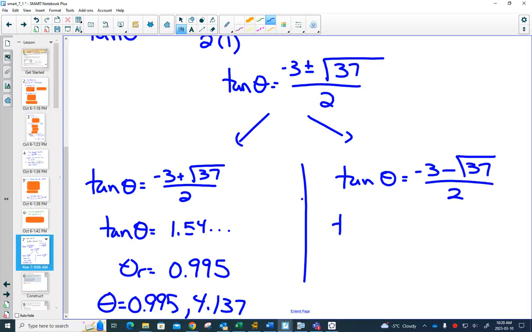In the second one, if I type this into my calculator, I get negative 4.541. I have to find my reference angle by doing tan inverse of the positive value.